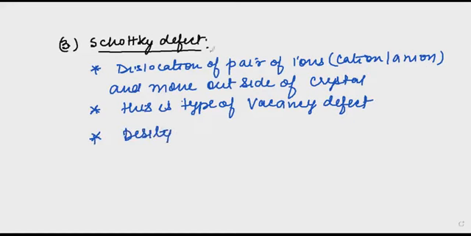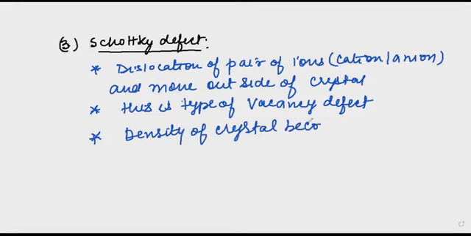Density of crystal becomes decrease. Clear?